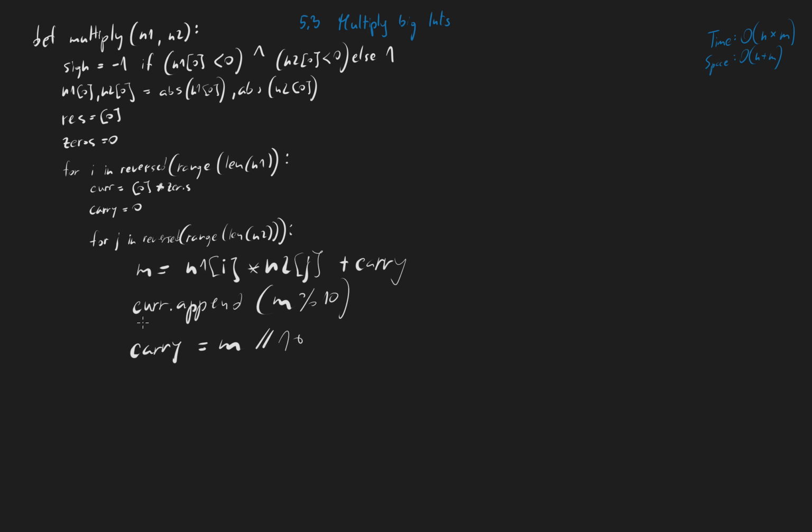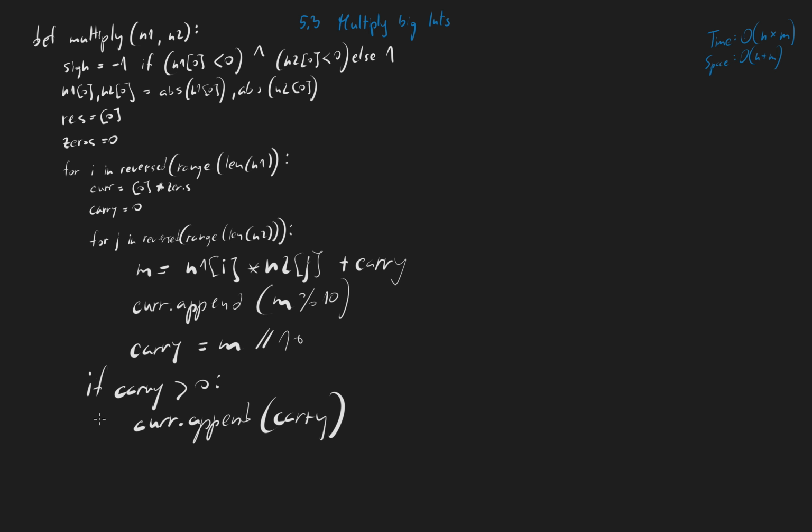Are we done? I think we're done with this guy. And after we're done with this loop, we can check if carry, or we can say even if carry is greater than 0, just for readability sake, and we just append to the cur. Okay, cool.